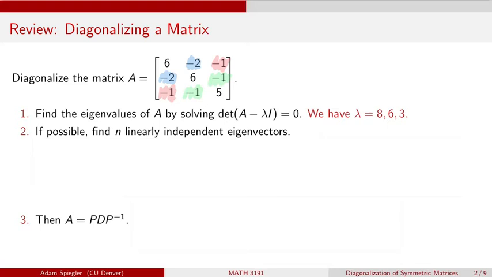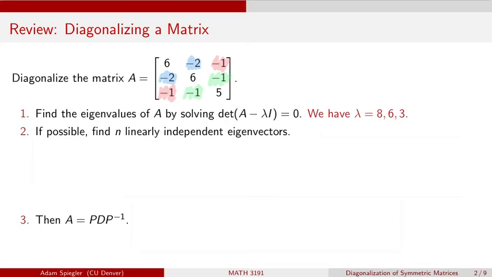Next, if possible, you find n linearly independent eigenvectors. In our case, since we have 3 distinct eigenvalues, we've proven a theorem that the corresponding eigenvectors for each of these 3 eigenvalues are all going to be linearly independent from each other.